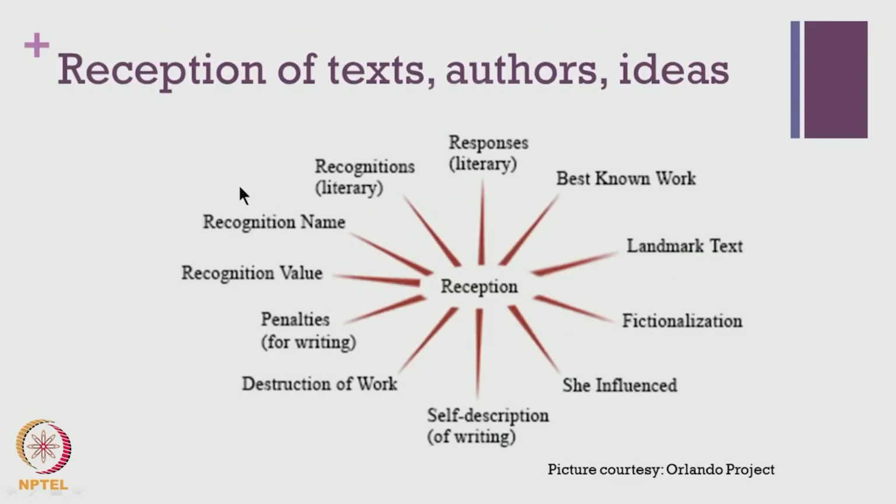And this is another interesting aspect. When we talk about literary history, we should also be talking about the reception of not just authors and texts, but also of ideas.